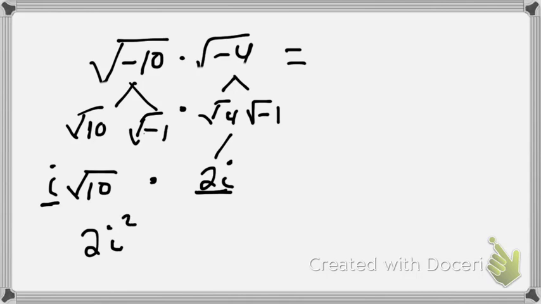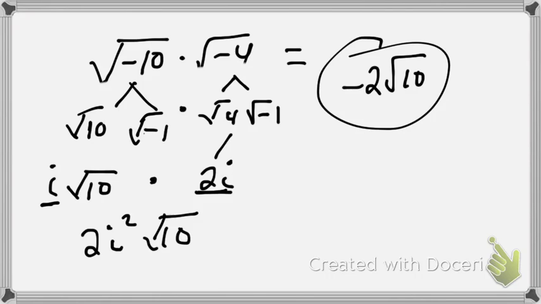And then we have the square root of 10 times, well, 1, if you will, so it's just that right there. So 2i squared times the square root of 10. Now, what does i squared equal? It equals negative 1. So 2 times negative 1 is negative 2, and we keep the square root of 10 with it. There's your answer.